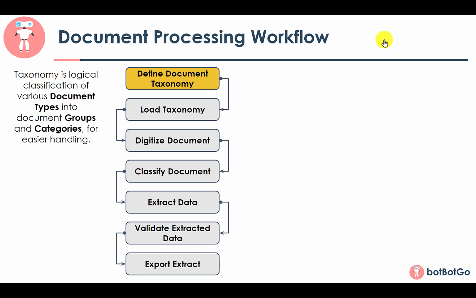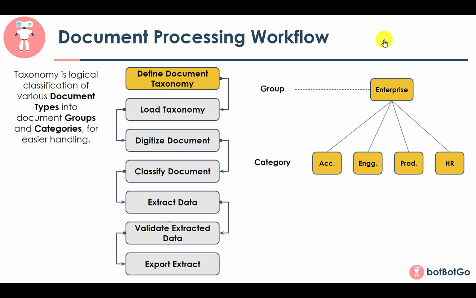To clarify it even further, what taxonomy means and how to classify your documents into different groups and categories, let's take an example of a typical manufacturing company. So the company itself would come at the group level, and every company could be divided into different departments, for example accounts, engineering, production and HR and many more. And each of these departments could be considered as different categories.